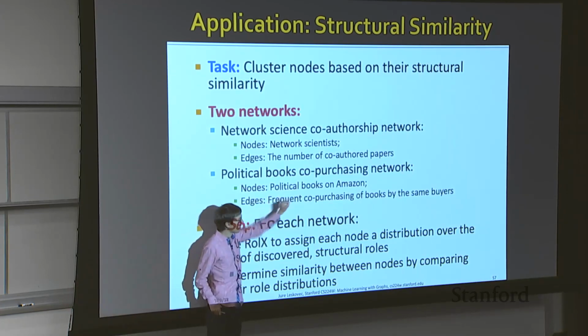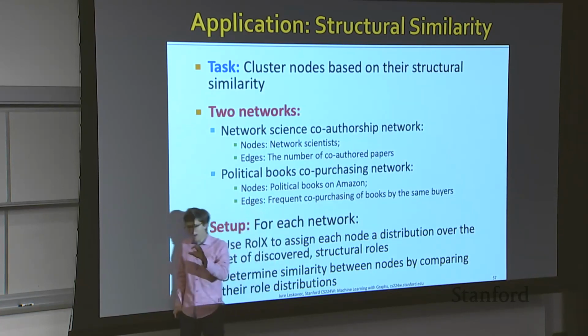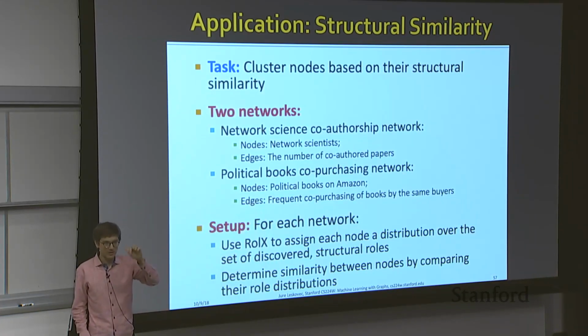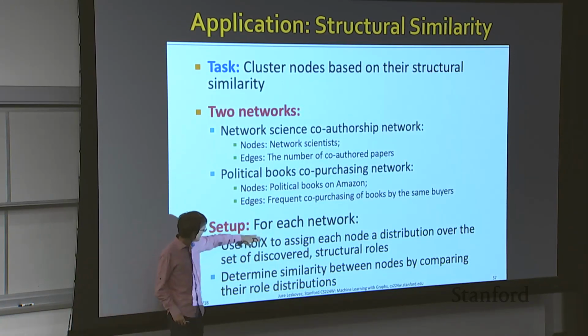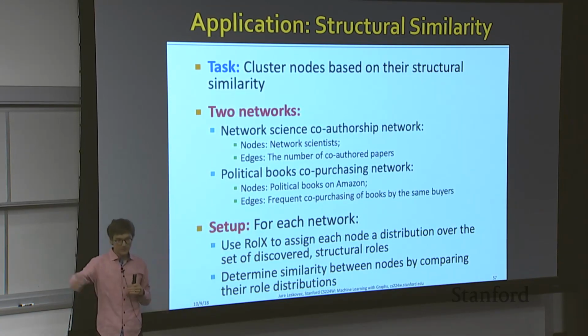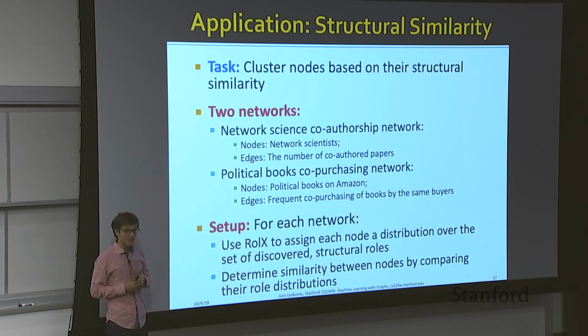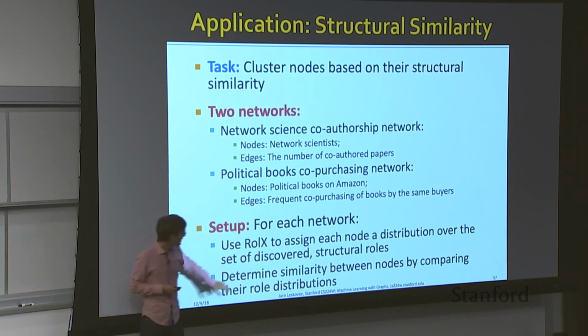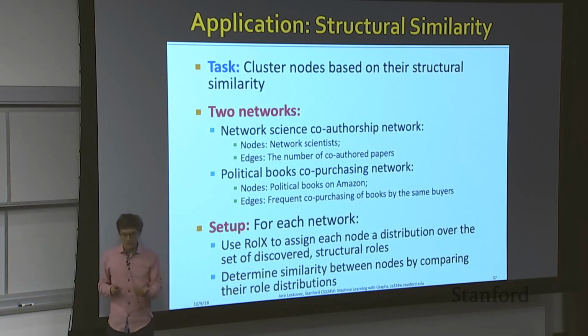Every node will be a book on Amazon, and edges will be the number of people who buy the two books together as part of the same basket. For each of the two networks, we will use this RolX method, so recursive feature extraction and clustering, to assign each node to a set of discovered structural roles. And then we can look at the similarity between the nodes comparing their roles.